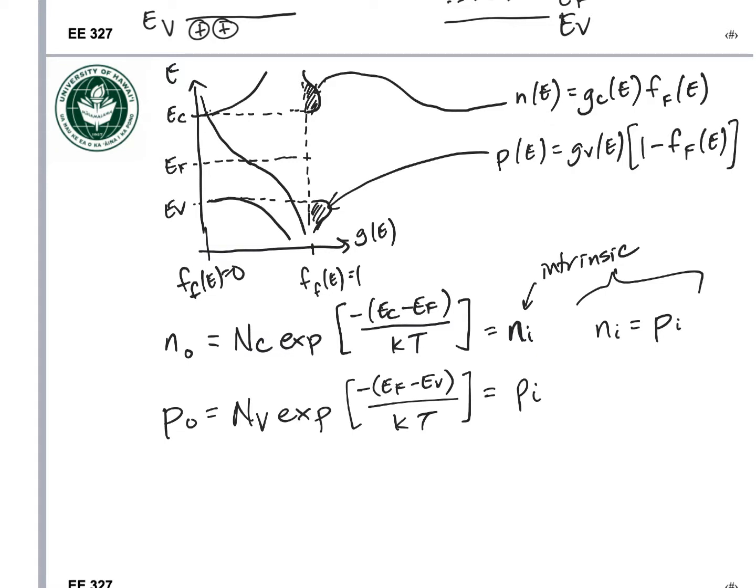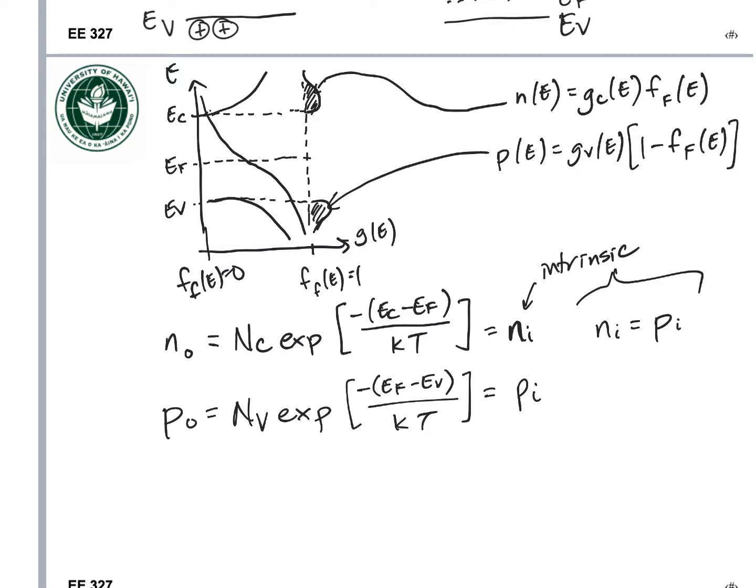It's a quantum state that an electron could occupy or used to occupy, but the electron is not there. So it's the absence of an electron in that state. The hole is not a real particle. It helps to think of it as a particle to help visualize what's going on, but it's not a real particle.